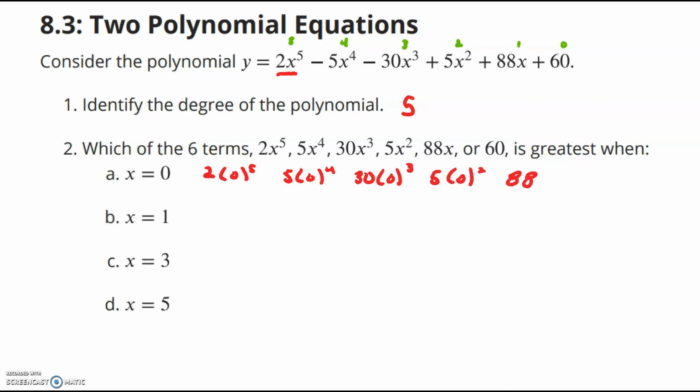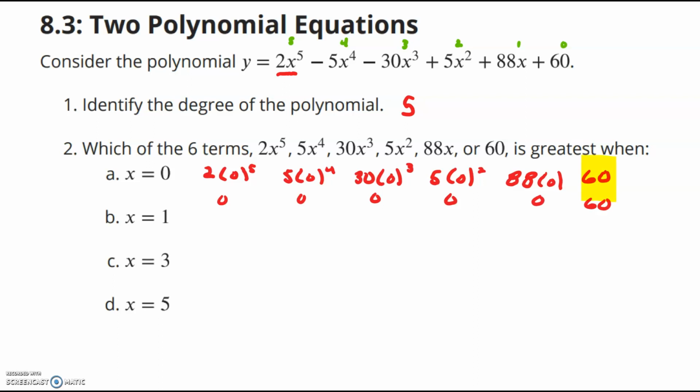And what we're asked to do is, if we evaluate each of these individually, which number is bigger? Well, this one is going to be a 0. This one's going to be a 0, 0, 0, 0. And this is going to be a 60. So which term is greatest? Well, it would be the constant of 60.